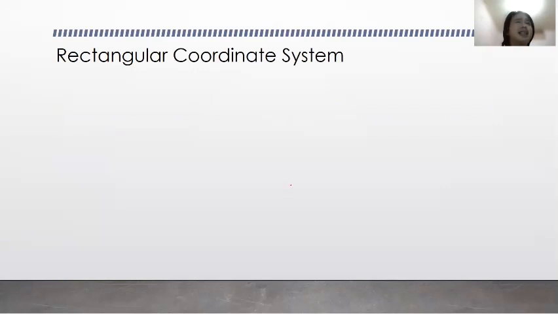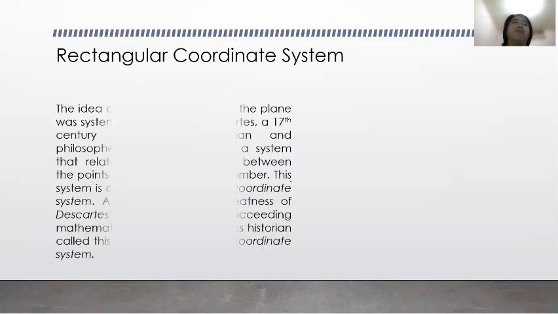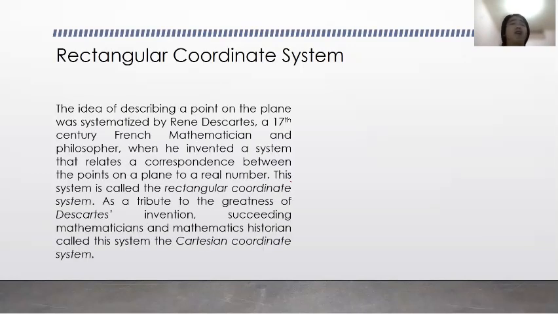Now, let us first define and have the background of our rectangular coordinate system. The idea of describing a point on the plane was systematized by René Descartes, a 17th century French mathematician and philosopher, when he invented a system that relates a correspondence between the points on the plane to a real number.